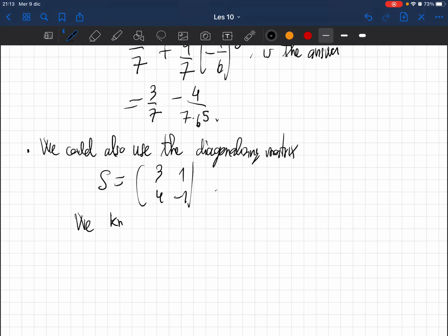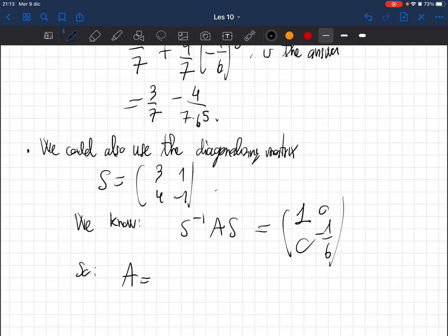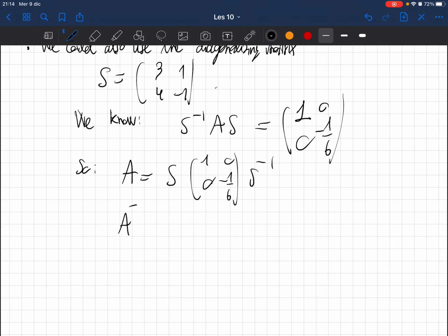We know that S minus 1 AS is diagonal, but what diagonal? So we have 1 and minus 1/6 here. So A is equal to S, this, S minus 1. Okay? And A to the 5th power, if you do this, you don't have to compute a lot of things, it's just the 5th power of this diagonal thing.